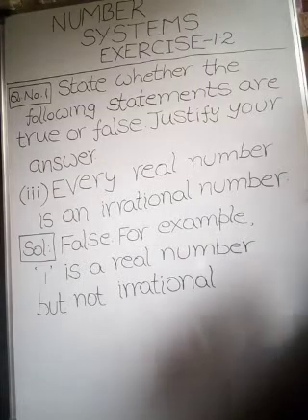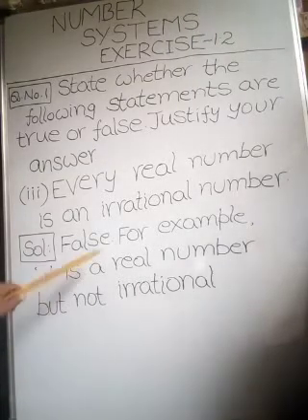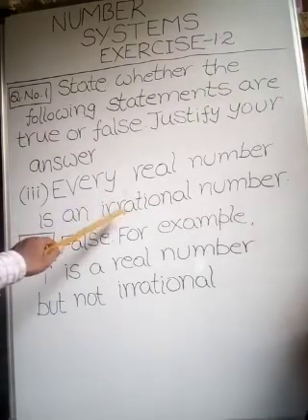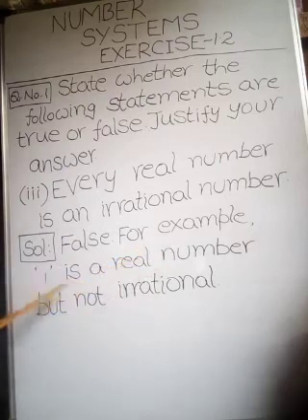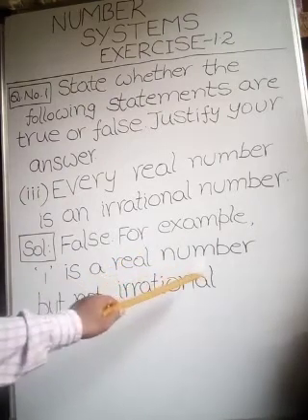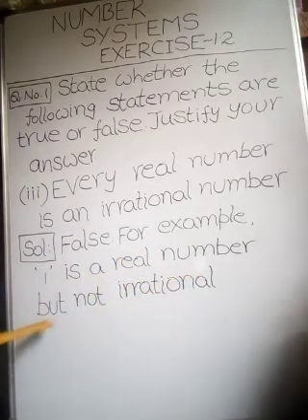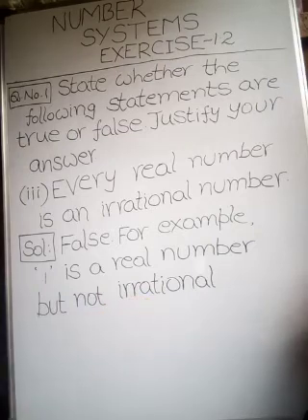At that time, I told you. So here it is the converse of the first statement. It is a false statement because one is a real number, but it is not an irrational number. Every real number may not be an irrational number. It may be a rational number or it may be an irrational number. Understood, my dear children? Right.